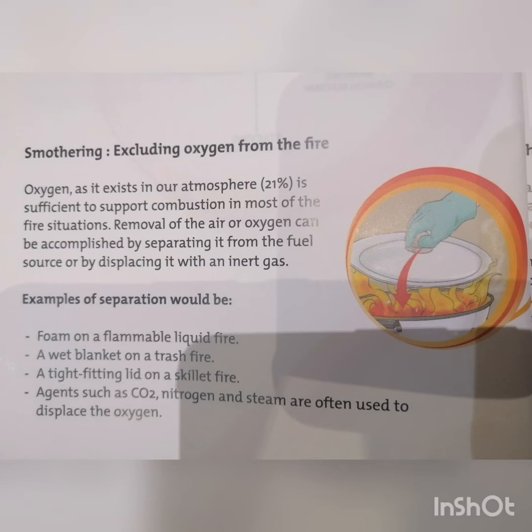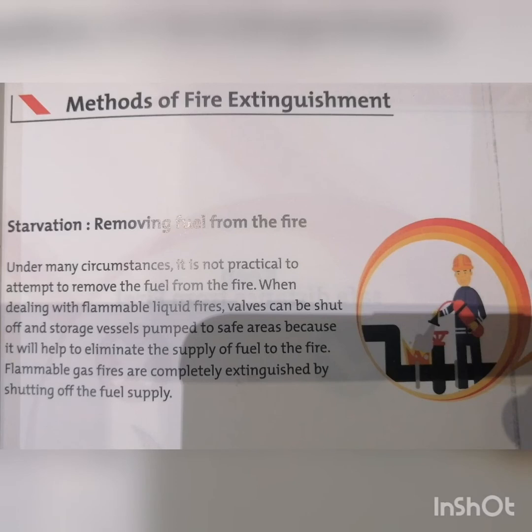When dealing with a flammable liquid fire, valves can be shut off, and storage vessels pumped to a safe area, because it will help to eliminate the supply of fuel to the fire. That means anything that can feed the fire, like cloth or other things around, you try to remove them so it can stop the process of the fire.